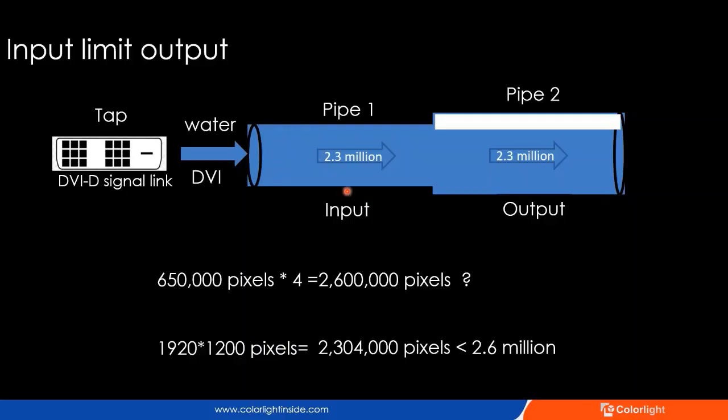The water pipe 2 is the output of the X4 sender, and the total pixels of 4 outputs is 2.6 million pixels. Because the input resolution limits the output resolution, the loading capacity of the X4 and X6F is 2.3 million pixels.